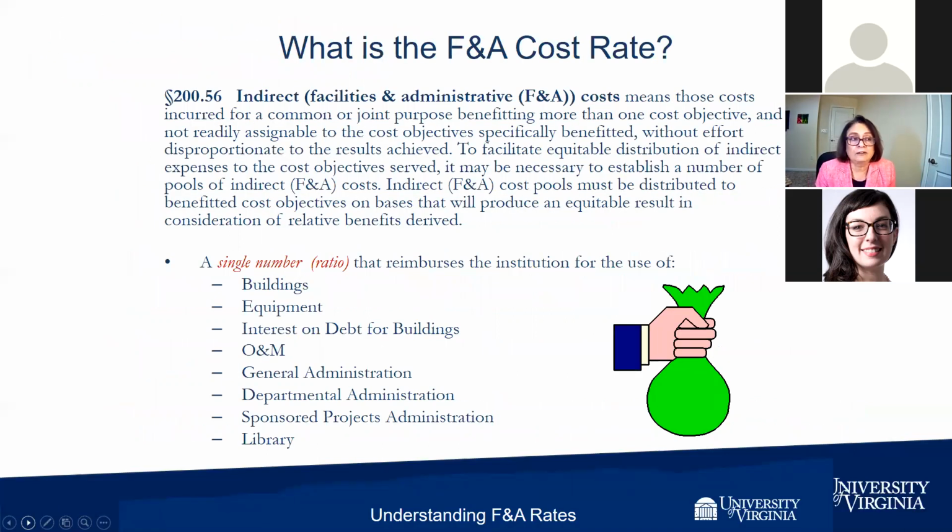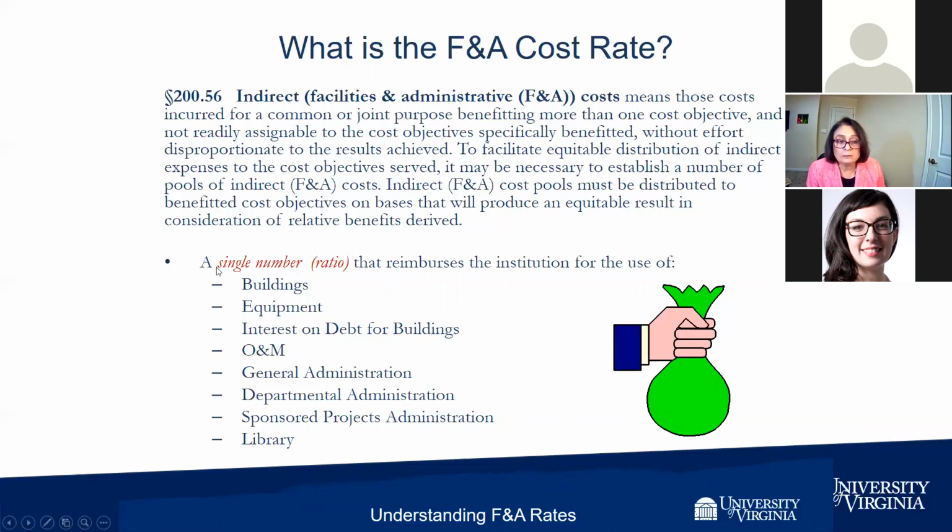What is the F&A cost rate? Again, this is directly from the definition in 200.56: the cost incurred for a common or joint purpose. But these are true costs for research.